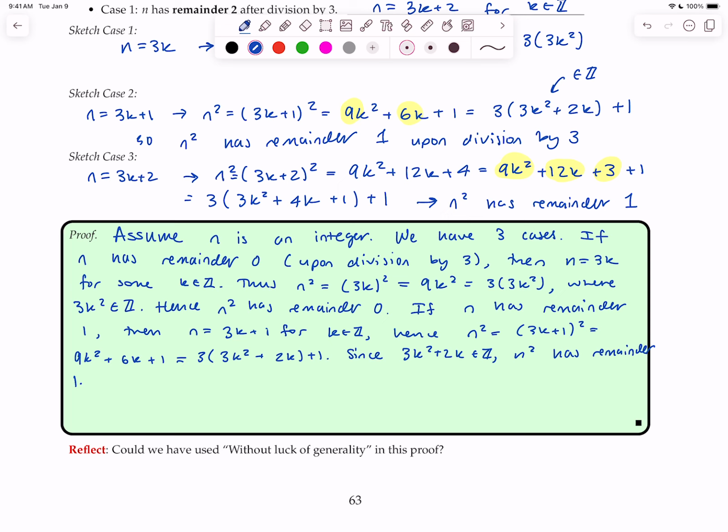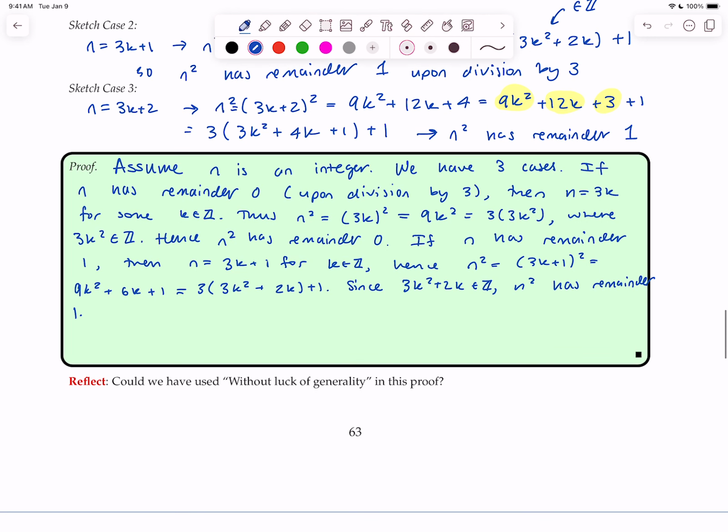Okay, we got one more case to do. So we'd say if n has remainder 2, then n is going to be what equation? 3k plus 2 for some integer k.